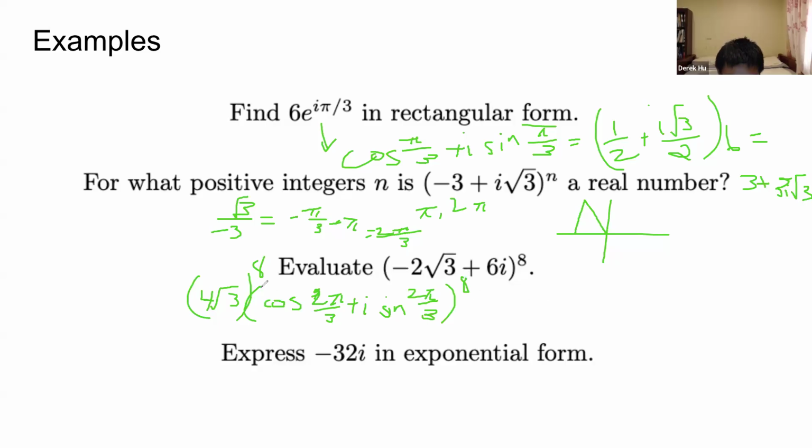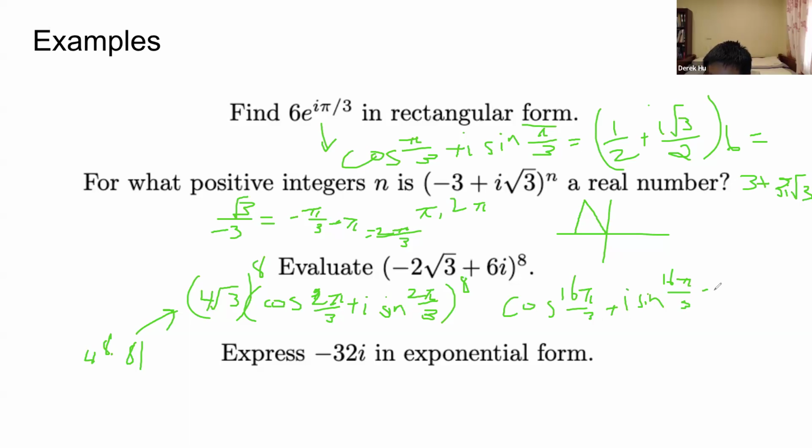And then this part is equal to 4 to the 8th times 81. I don't expect you to evaluate that. And then this part on the right is equal to cosine of 16π/3 plus i sine 16π/3.